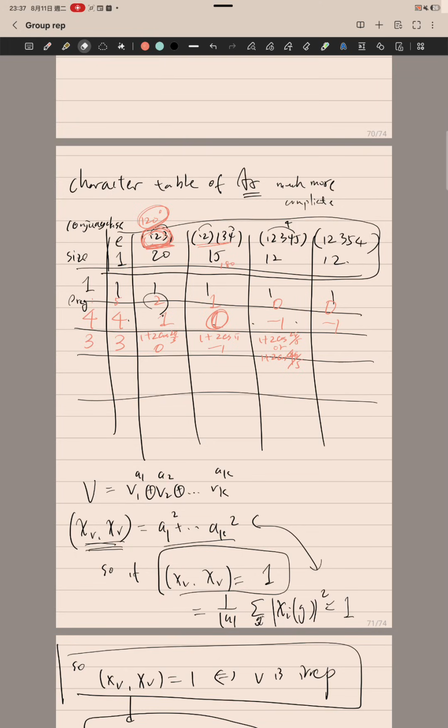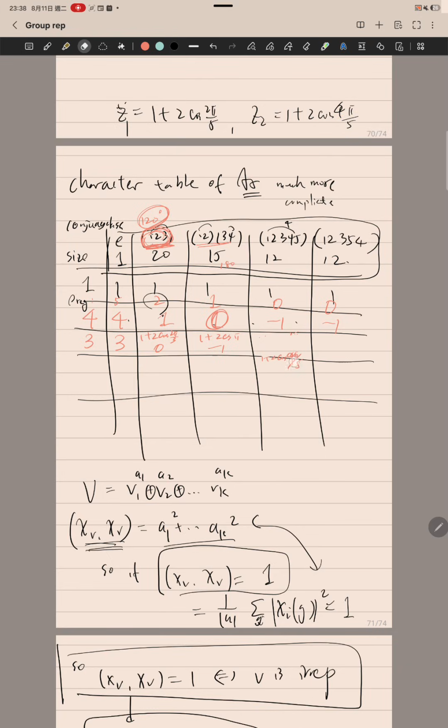For convenience, suppose I define z1 to be 1 plus 2 times cosine 2 pi divided by 5, and z2 to be 1 plus 2 cosine 4 pi divided by 5.